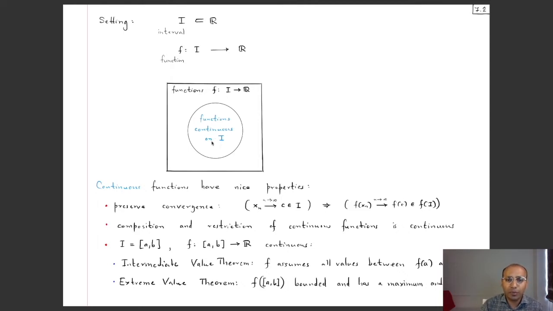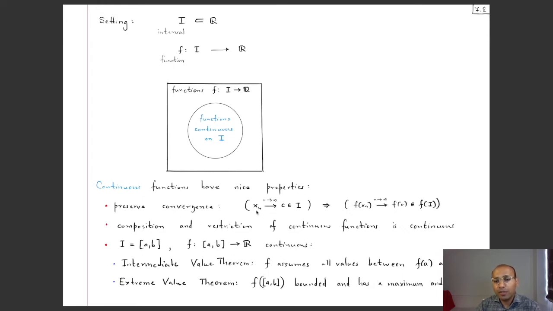So we'll explain what's meant by this concept of continuity of a function on an interval and the continuity of a function at a point of the interval. And the reason we are learning about this special class of functions is because continuous functions have nice properties. For example, today we'll learn that continuous functions preserve convergence in the following sense.